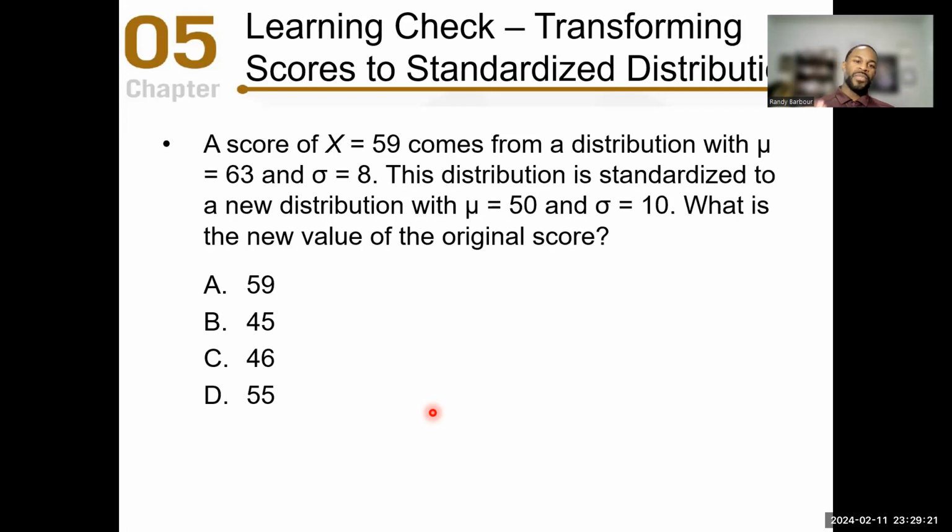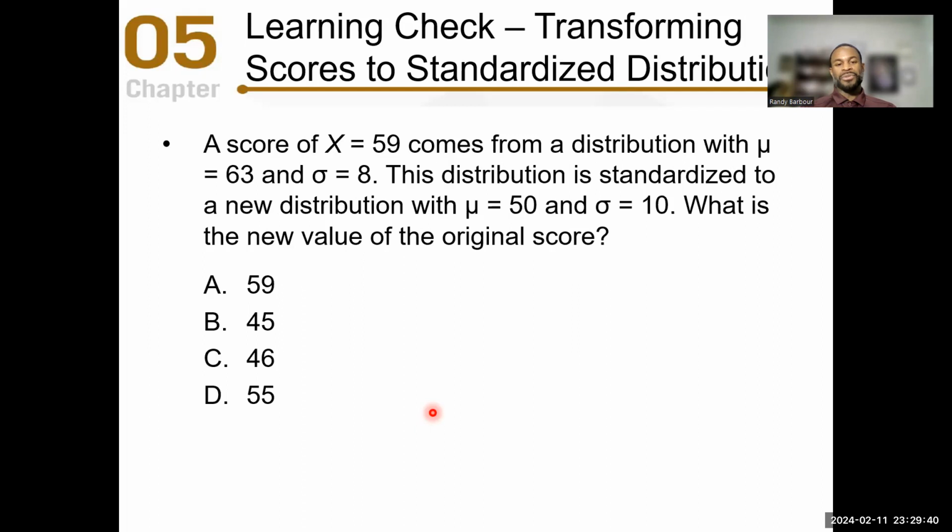A score of 59 comes from a distribution with a mean of 63 and a standard deviation of 8. This distribution is standardized to a new distribution with a mean of 50 and a standard deviation of 10.